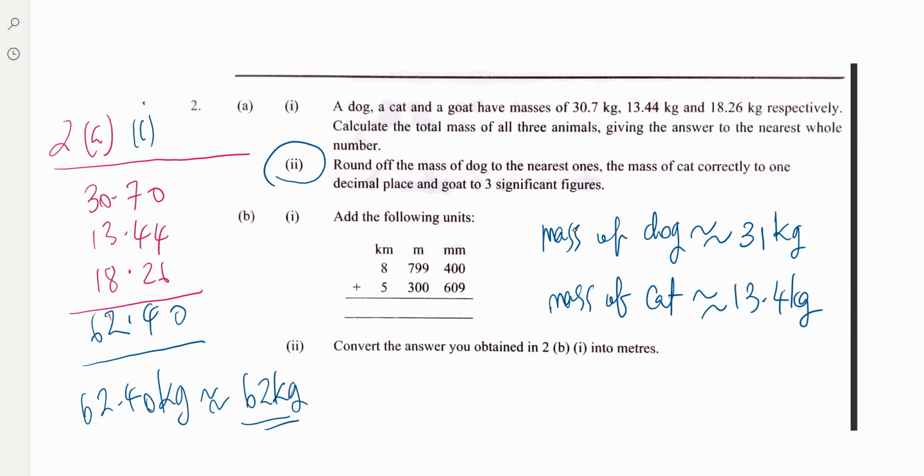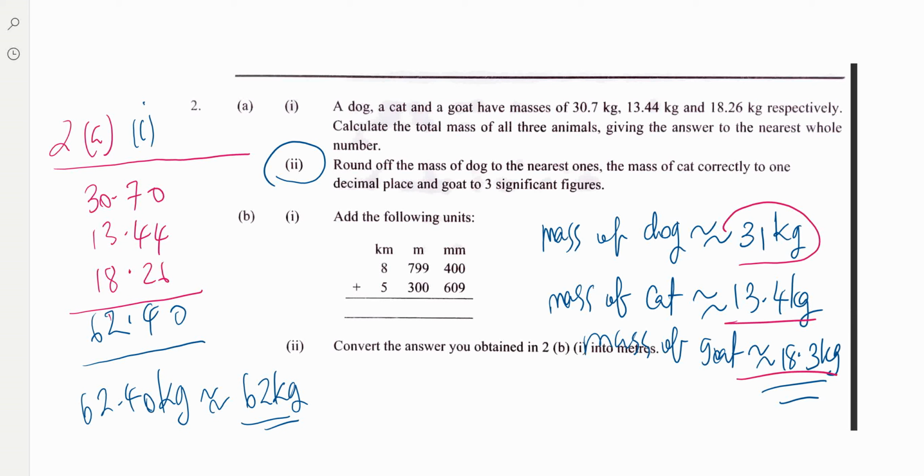So mass of goat will be approximately equal to 18.3 kg, and this is correct to 3 significant figures. So if you have seen, we approximated these numbers according to the given requirements. Then we go to question number 2B.